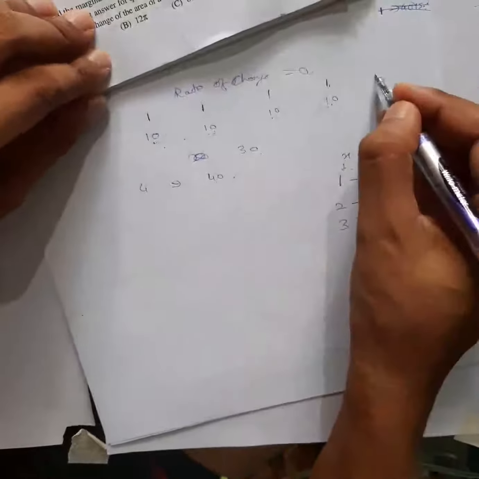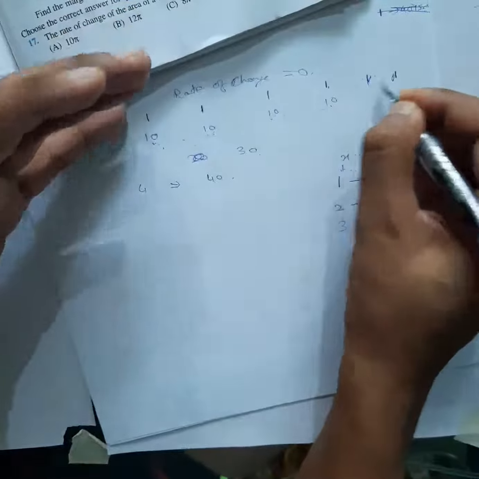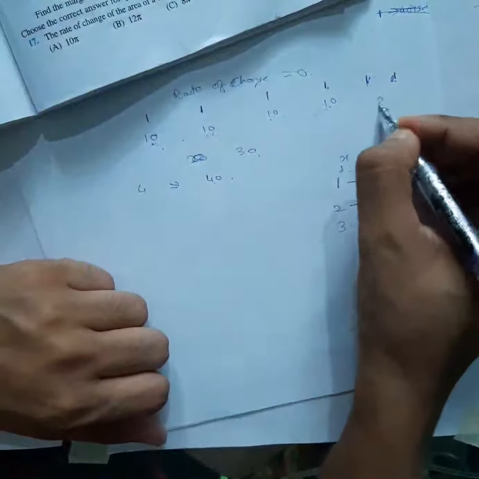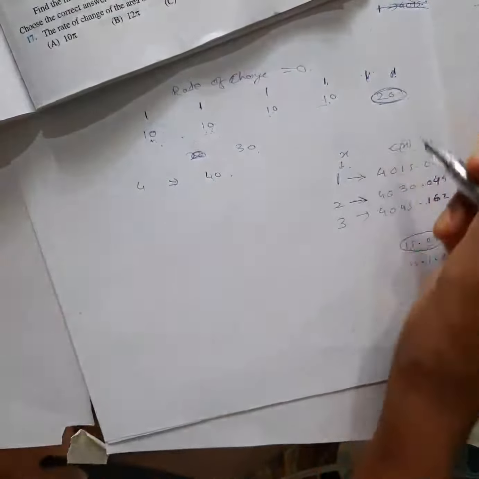Suppose 4 products have been produced in the factory, and an extra 2 products are produced again, and I ask you what is the price of these 2 products, then you can simply say it will be 20, right? Very easy, it will be 20 for these products. But in this case, suppose I find the price for 10 products, and after that you have produced an extra 2 products.